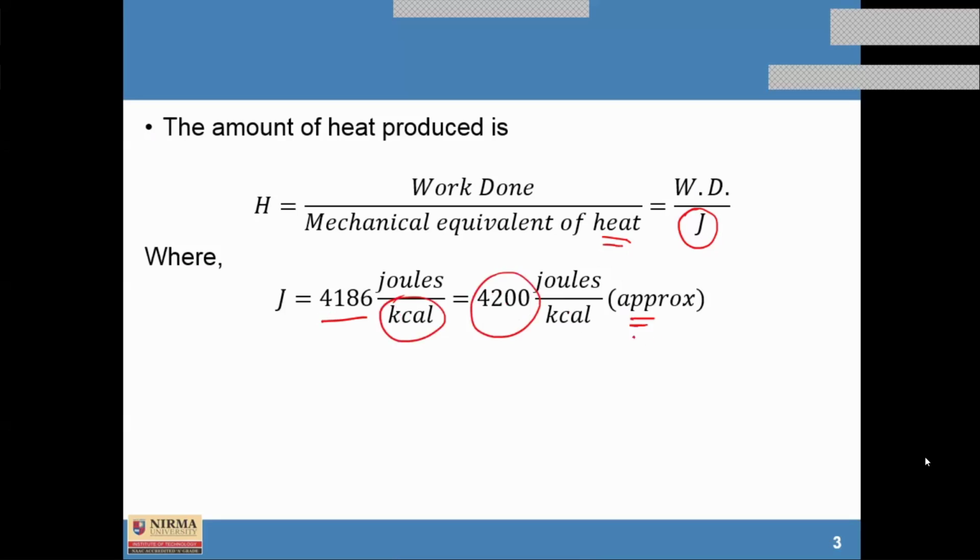The value of J is 4200 joules per kilocalorie. And we can replace this. So we can write H is equal to I square RT upon this, because the equation of work done is I square RT.